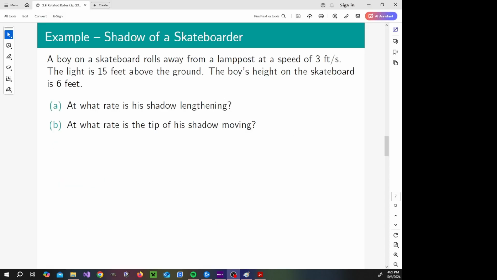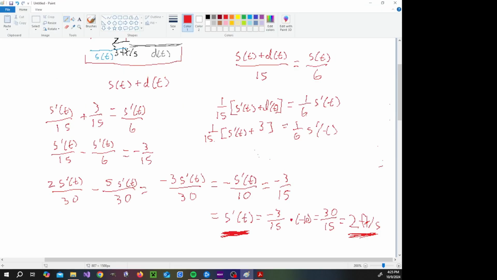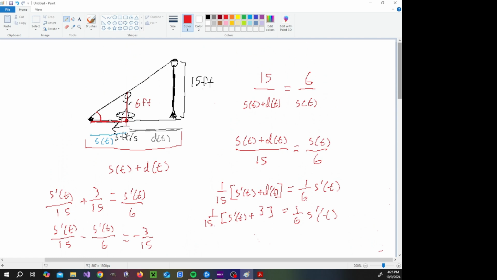Now the last part of this question says, at what rate is the tip of his shadow moving? With that, that's really asking what is the rate that this end of this point is moving, right? So what is the rate that this entire line is moving?